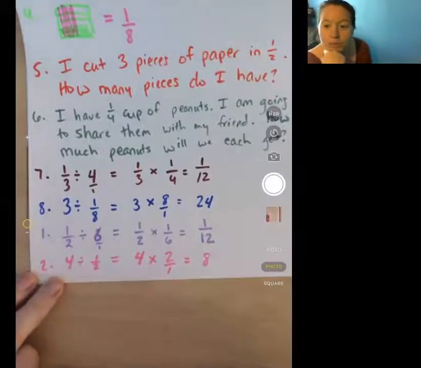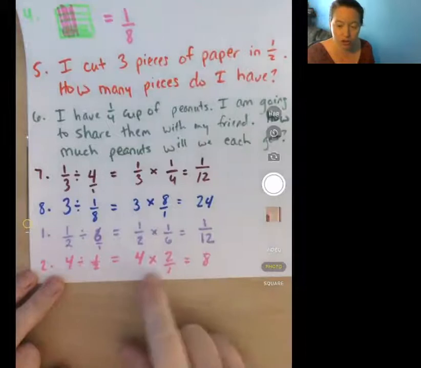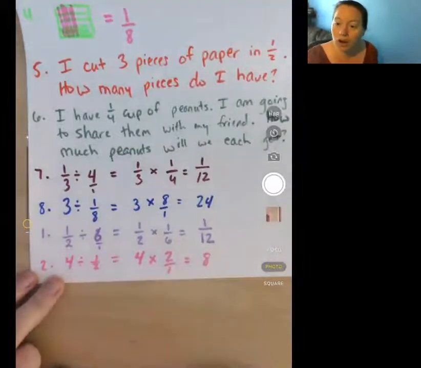Next year you will be doing this as well, but we won't be doing the whole let's make models and all of that kind of stuff. We're going to go straight to the part where you write down the first number, you change the division to multiplication, and you flip the second number, and there we go.